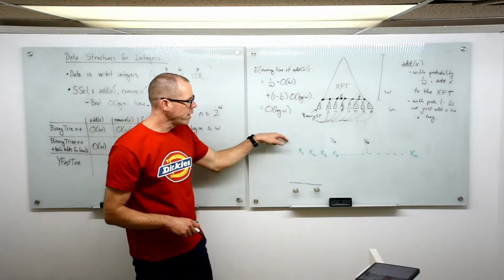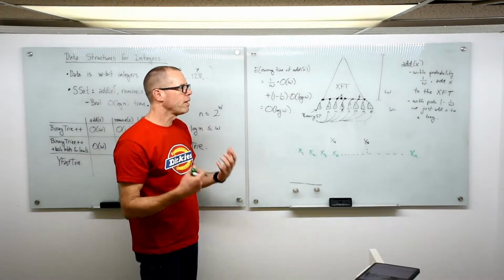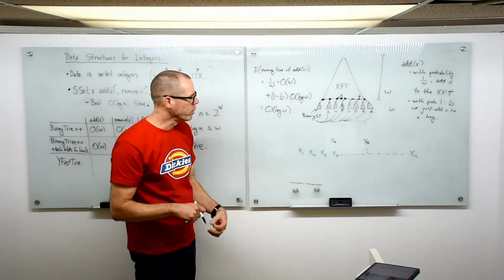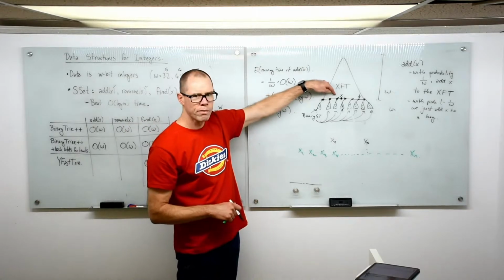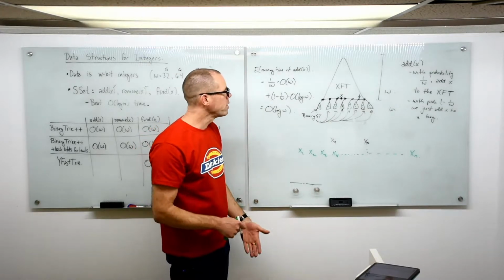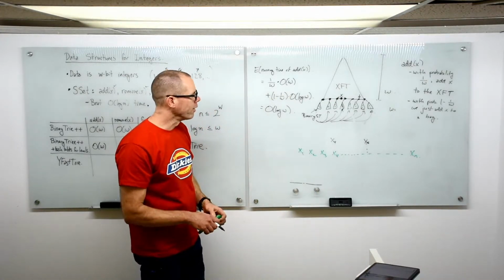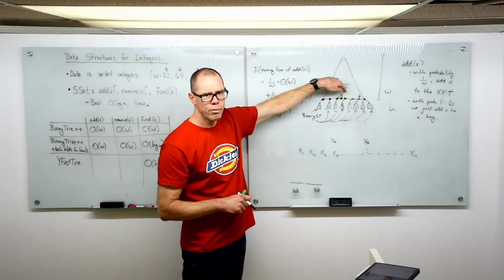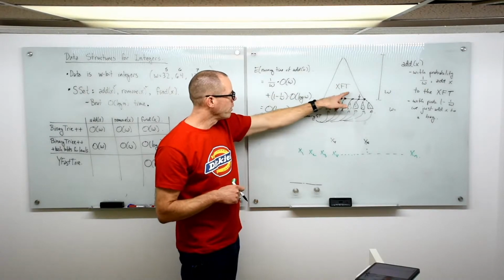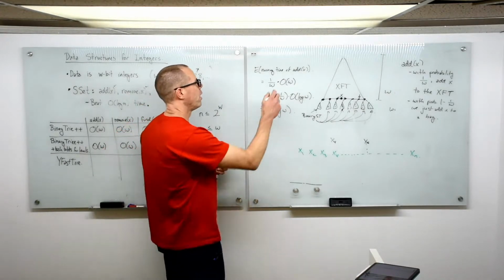But again, the probability that the thing that I want to remove is in the XFast tree is just 1 over W, because when that thing was added, we tossed a coin for it to decide whether it was going to be in the XFast tree or not, and the probability that that coin came up heads is only 1 over W. So as long as somebody is not looking at my data structure to see which are the bad ones to remove, then the probability that they're going to remove something that's going to be slow in this XFast tree is only 1 over W. So you get the same analysis for add and remove.